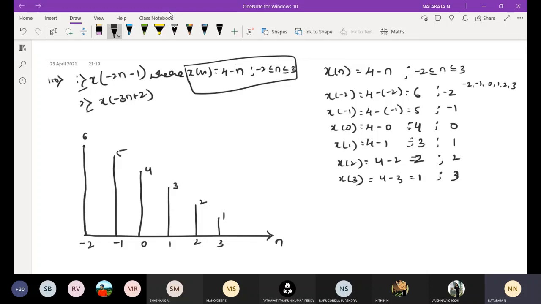Got the solution for both the problems? The second one is being done, sir. Second one solving. Okay, solve.